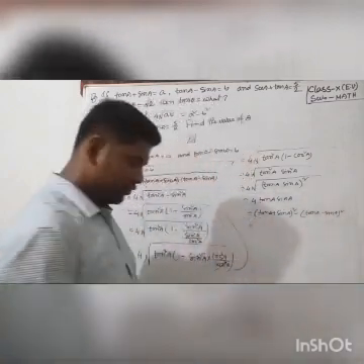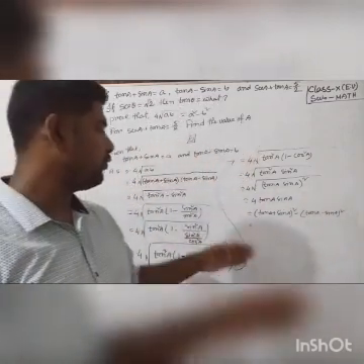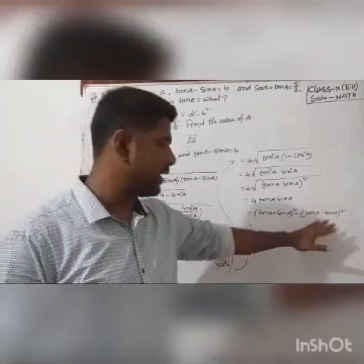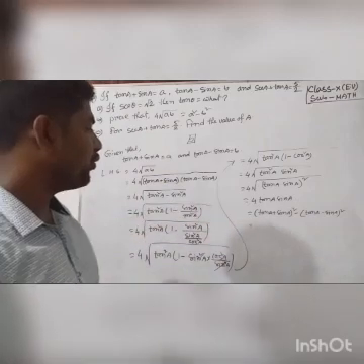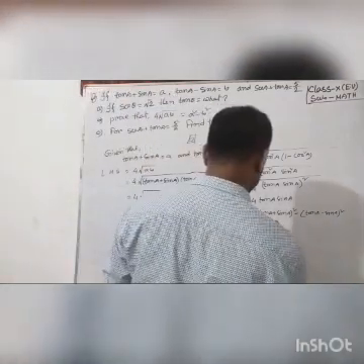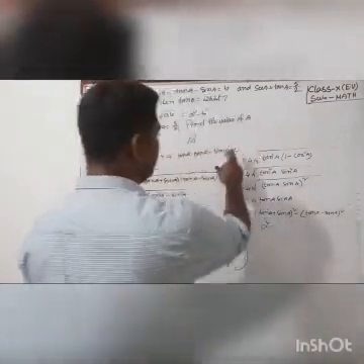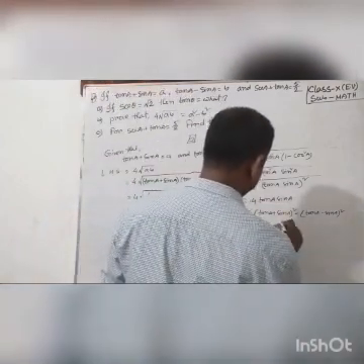Dear student, now putting the value: tan a plus sin a equal a, so we can write a square, and tan a minus sin a equal b, so we can write b square.